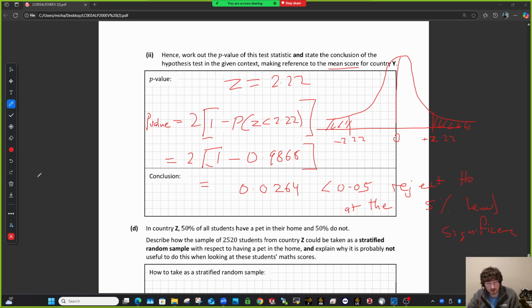What this means, because we're rejecting H0, the mean test score for country Y is not 400. So that's it. And you can say it again at the 5% level of significance. As I said, if we were doing a 1% level of significance test here, we would not be rejecting H0.